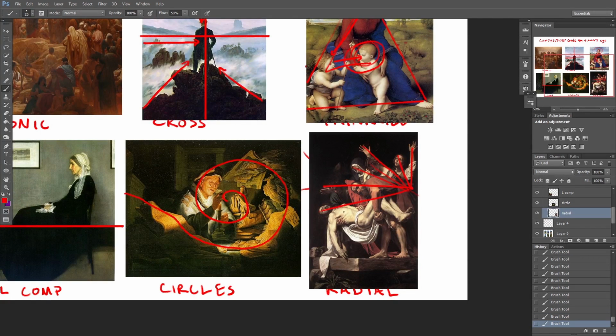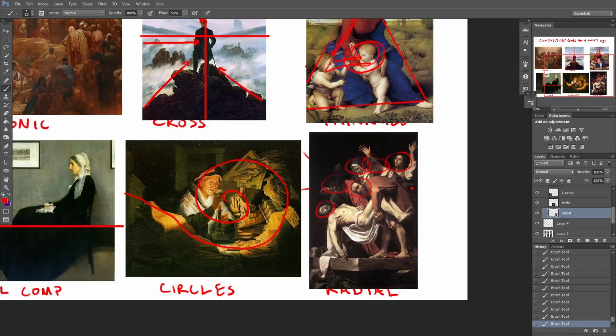The use of radial in this case guides our eye to look at all of the other characters and then ultimately look at Jesus, so that we get the emotional experiences of each character before we get to Jesus. So that makes the emotional impact of the piece a lot stronger.